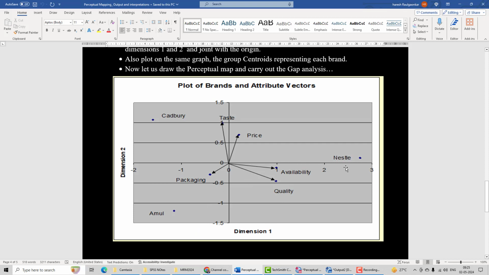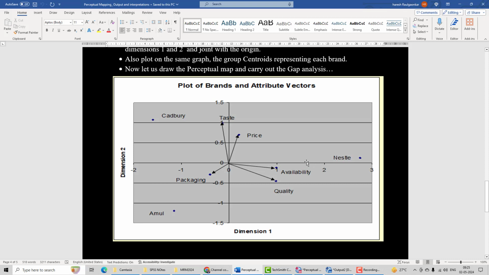Then we give the x-axis and the y-axis names based on the components of the vectors. So if you see here, the larger the component of availability, the larger component is on the x-axis. Quality is also on the x-axis, a larger component, whereas their y components are smaller.